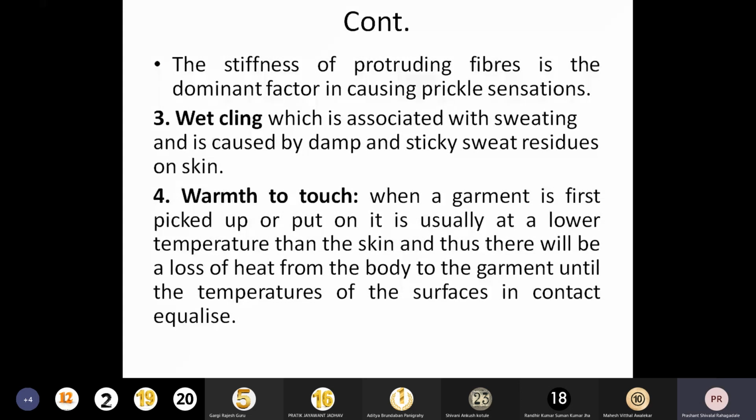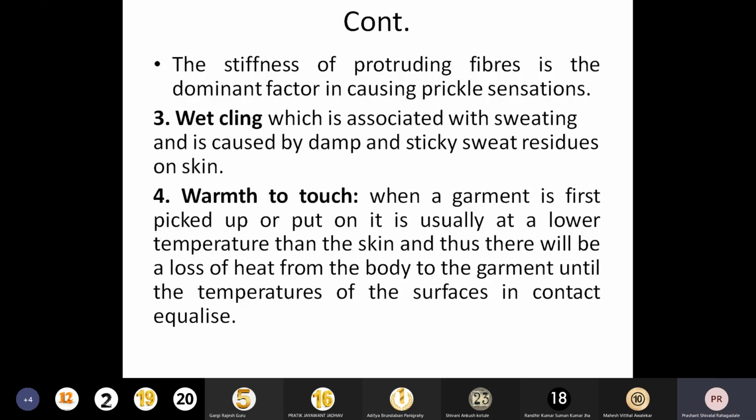So the factor which influences this cling is your actual area of fabric in contact with the skin, and no doubt this factor is influenced by your fabric structure also. कि fabric structure आपका कैसा है उसके ऊपर भी wet cling depend होता है.